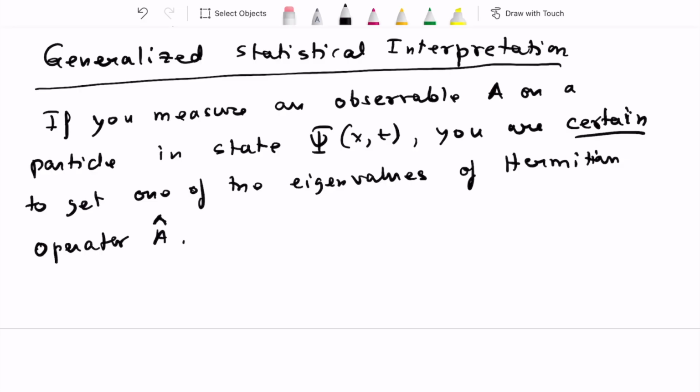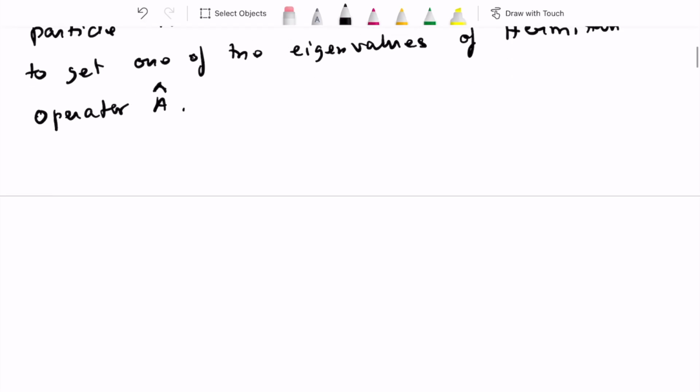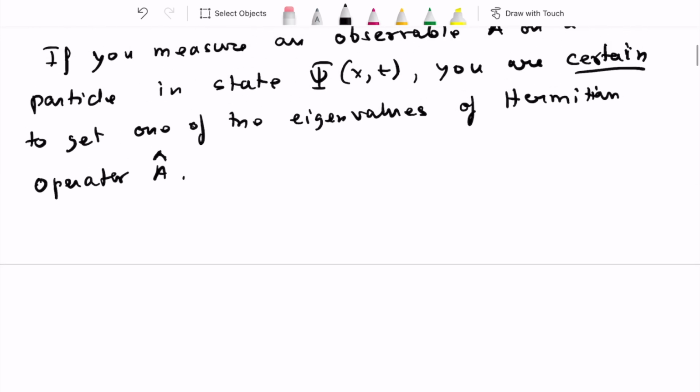Now it's possible that the eigenvalues of A hat could be discrete, in which case we call it a discrete spectrum, or they could be continuous, in which case we call it a continuous spectrum. Both are possibilities.